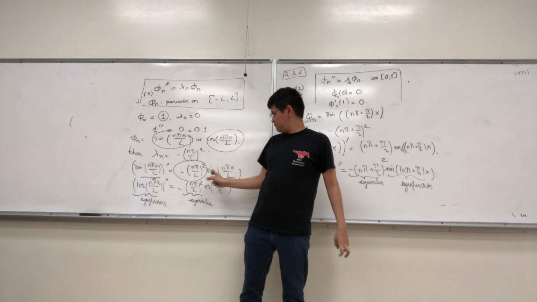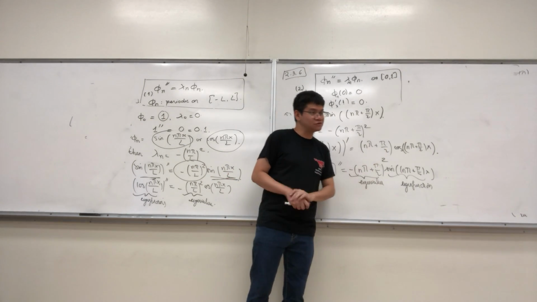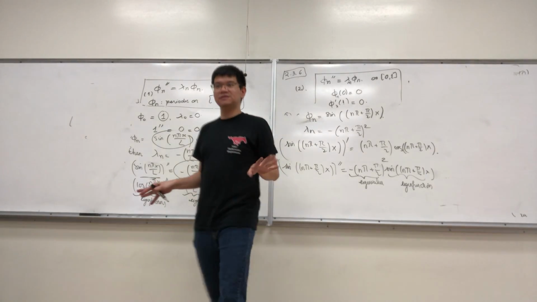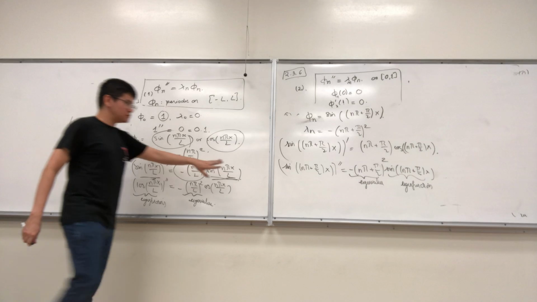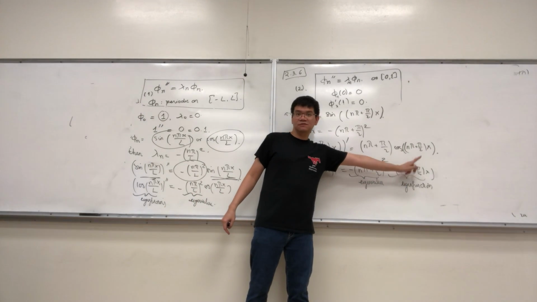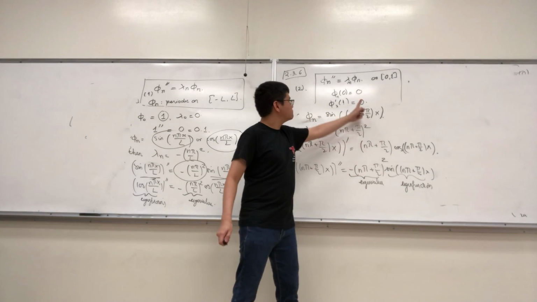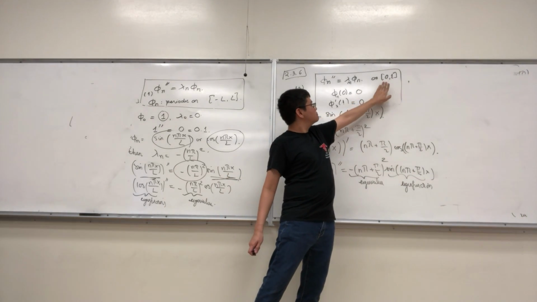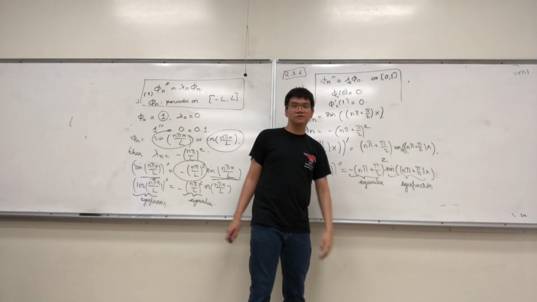In this case you have n pi over L, and here you have n pi plus pi over 2 x. In all of the exercises that you will do in this class, you will encounter sinus and cosinus functions again. The only difference is this constant, and because of this constant, you're gonna have different eigenvalues and different eigenfunctions, right?